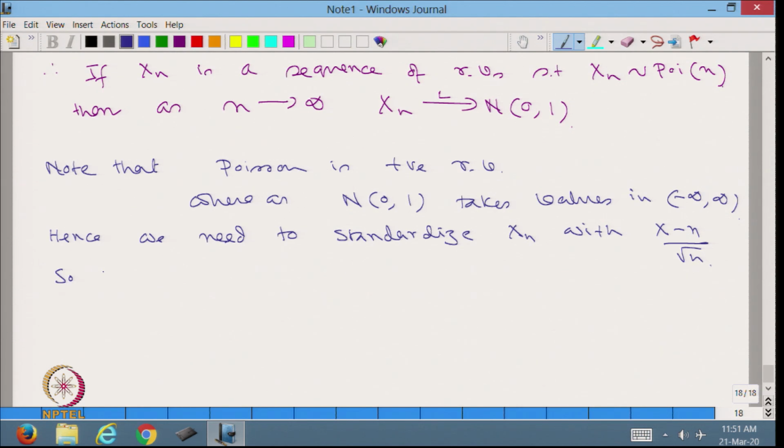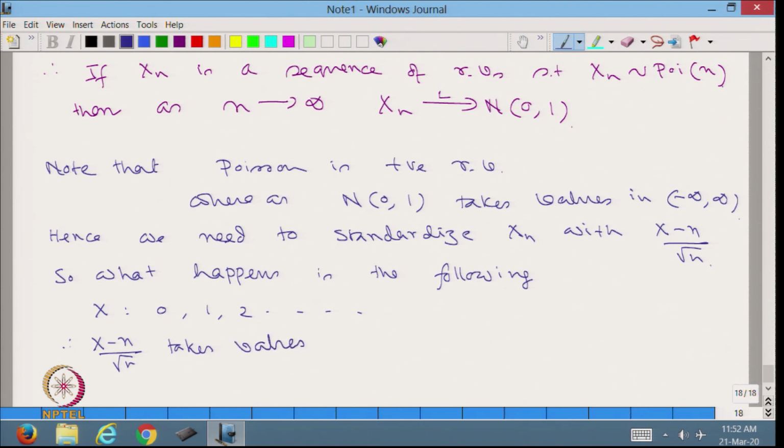So, what happens is the following. X takes values 0, 1, 2, etc. Therefore, Xn minus n upon root n takes values from minus n upon root n when X is equal to 0 to infinity.